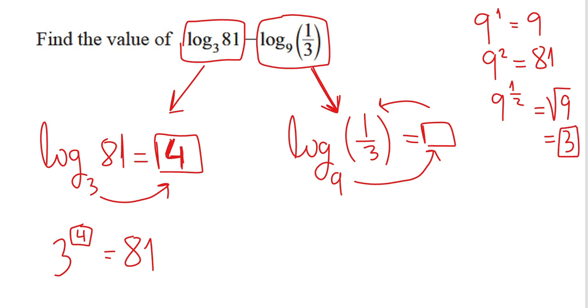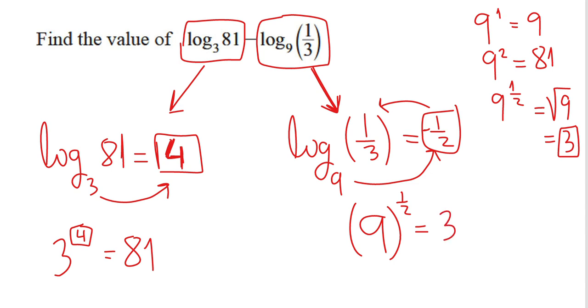We do have number 3, but it's 1 over 3, which means we have to make it 1 over 2, but negative. So one more time. 9 raised to the power of 1/2 will give us 3. But if 9 is raised to the power of negative 1/2, then it will give us 1 over 3.